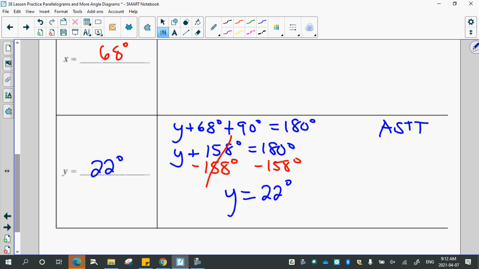So again, a couple ways to do it, as long as you show your way of thinking and use a geometric property, you're good.